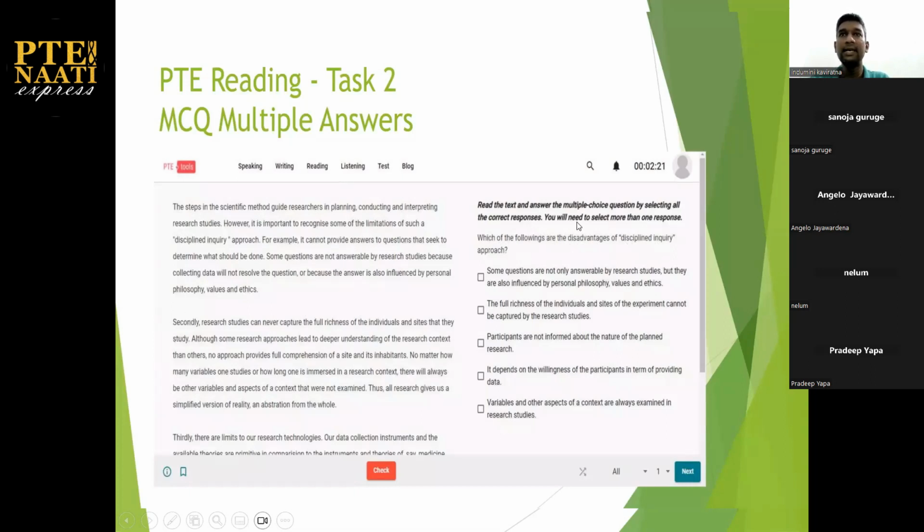Which of the following are the disadvantages of disciplined inquiry? මෙන්න මේක තමයි අපේ keyword එක. ඉක්මනින් හොයාගෙන යනවා passage එකේ disciplined inquiry එන්නේ කොහෙද කියලා.